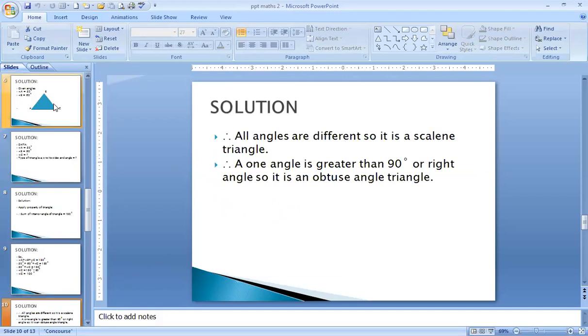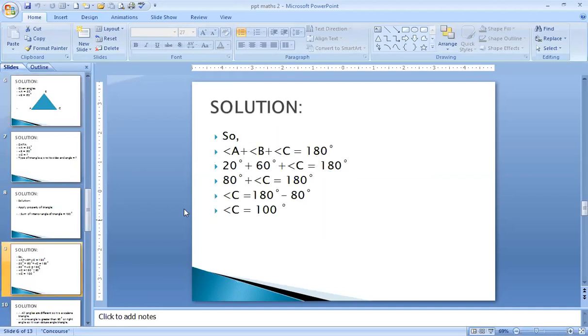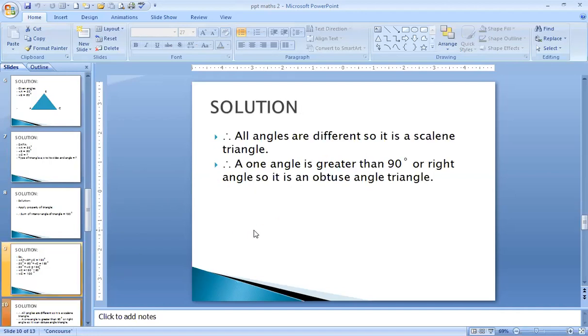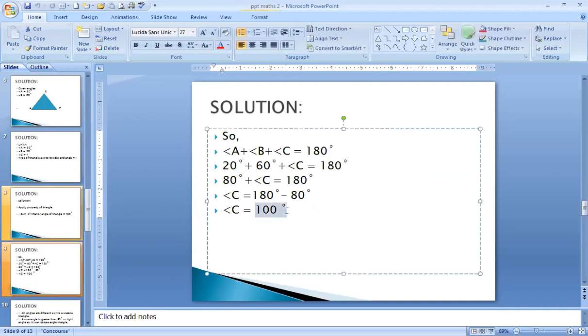Angle A equals 20 degrees, angle B equals 60 degrees, and angle C equals 100 degrees. All angles are different, and it is the property of a scalene triangle, so the type of triangle with respect to its sides is scalene. And one angle is greater than 90 degrees, that is angle C.